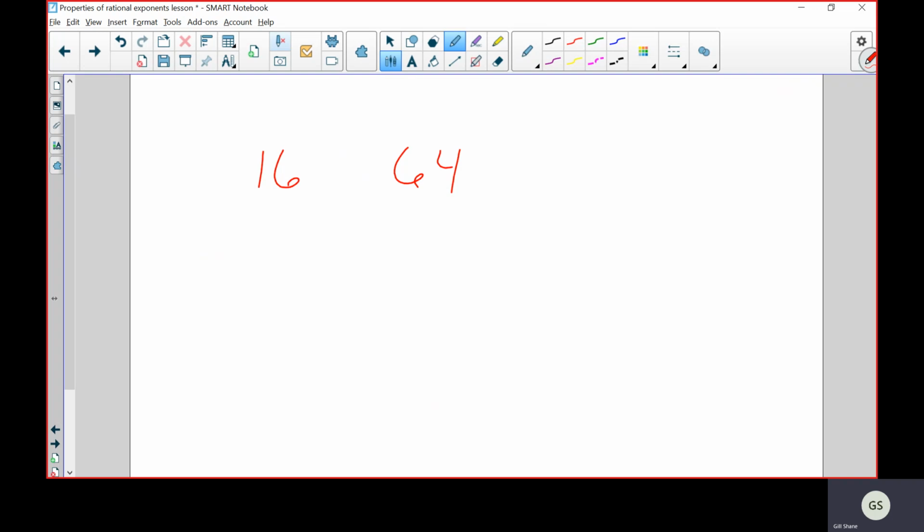Got it? It wouldn't be that. That doesn't equal 16. It's got to equal 16. That's the value you have to have. That has to have the same value. 16 squared.